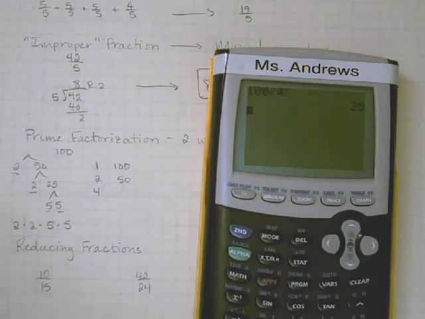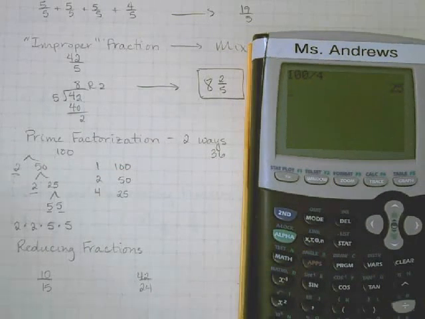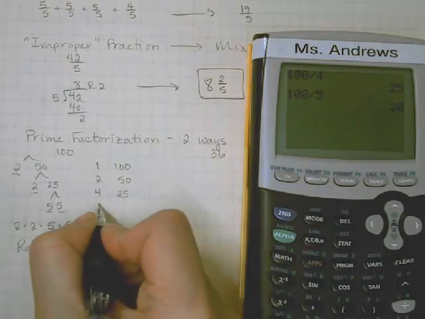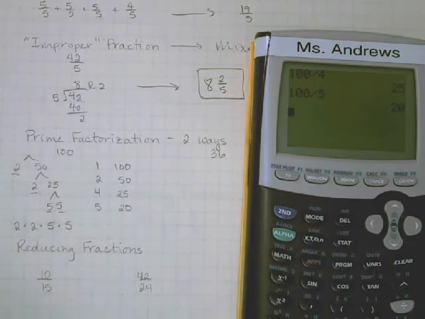So 5 and 20. If it's not divisible by 3, it's not going to be divisible by 6 either. And then 100 divided by 7, I already know that's not. 100 divided by 8, 100 divided by 9. So I'm left with 10 and 10.